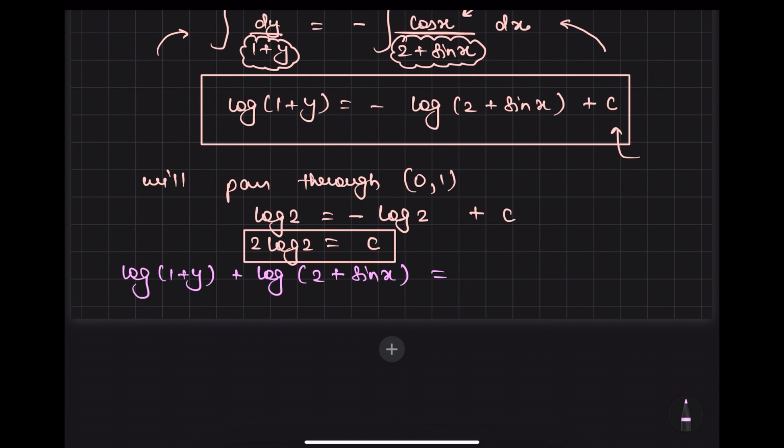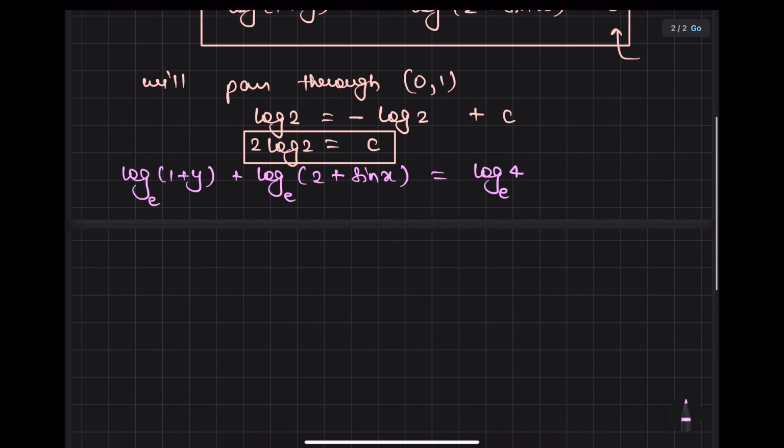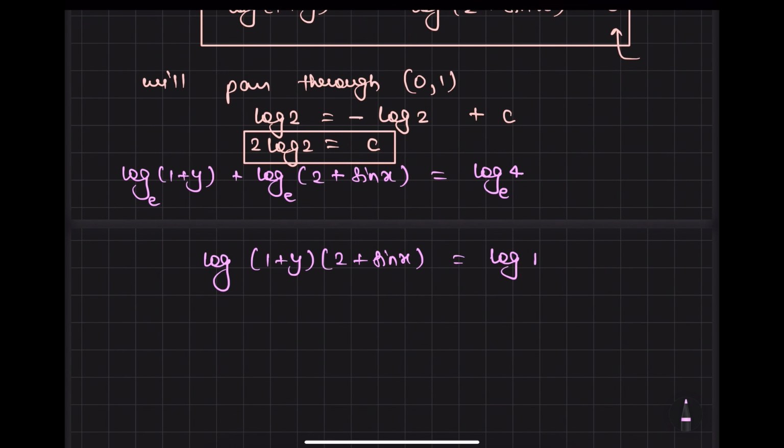So it will become log 4. If you observe, everything has the same base e. So look at this, it is log m plus log n, so we can write it as log mn. So we have log((1 + y)(2 + sin x)) equal to log 4.